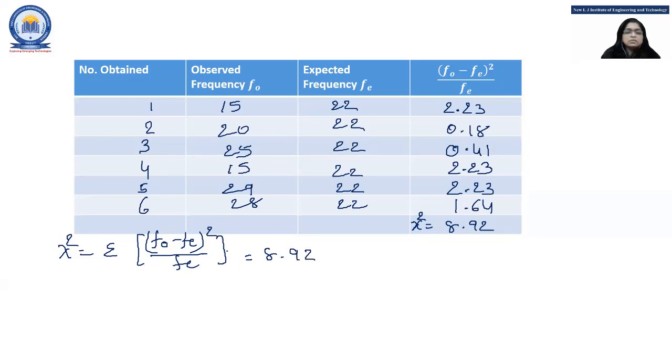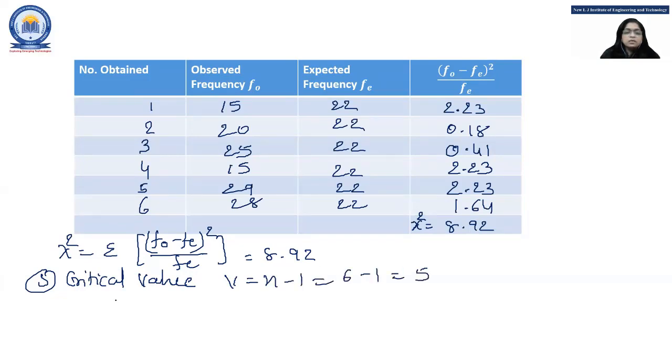The next one is critical value. Fifth, critical value. For this example, our degree of freedom V is n minus 1, 6 minus 1 is 5. So chi-square alpha, V, that is chi-square 0.05, V is 5. So the value is 11.07.